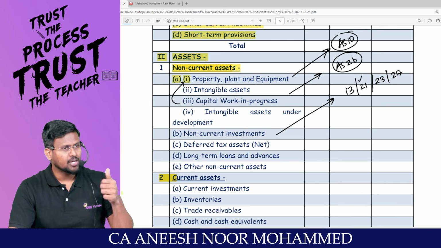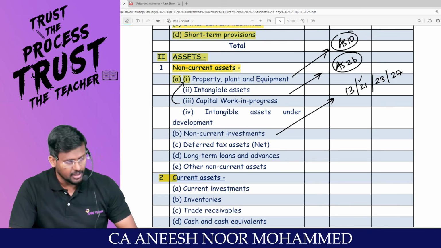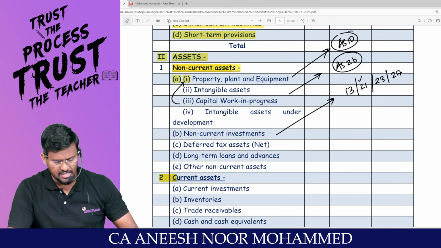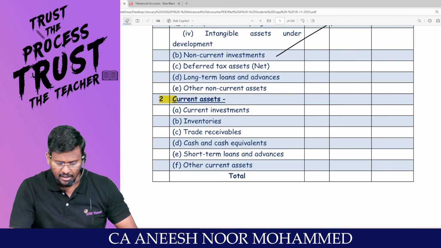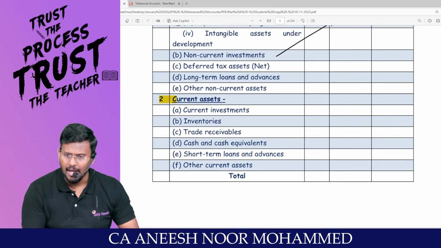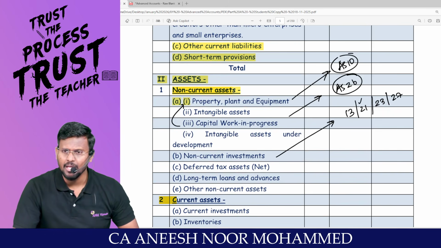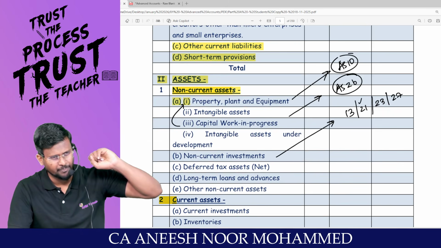B, non-current investment. C, deferred tax asset net. D, long-term loans and advances. E, other non-current asset. Right, sir? Coming to the current asset, man, opposite. Sir, what is the first one? PPE, which are long-term in nature.